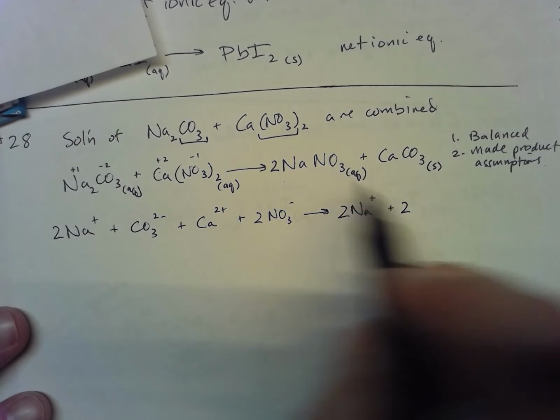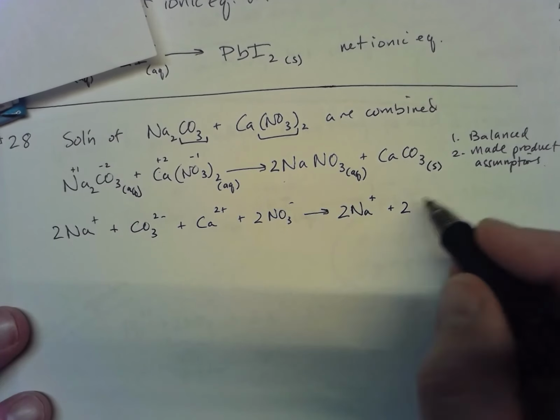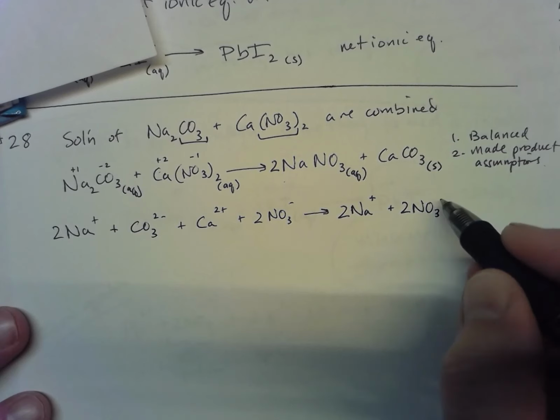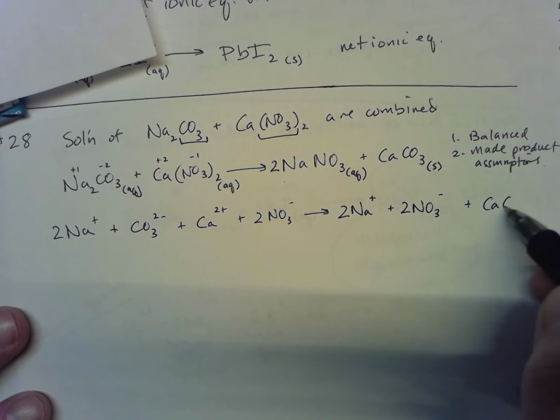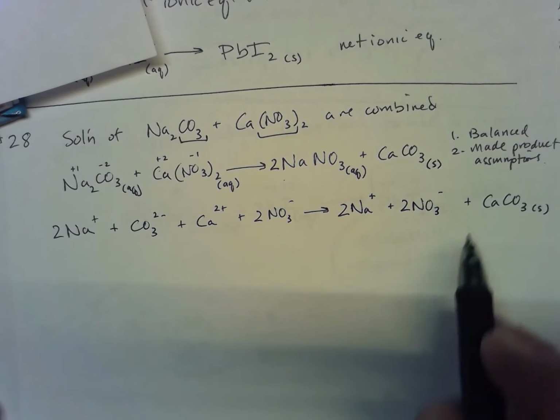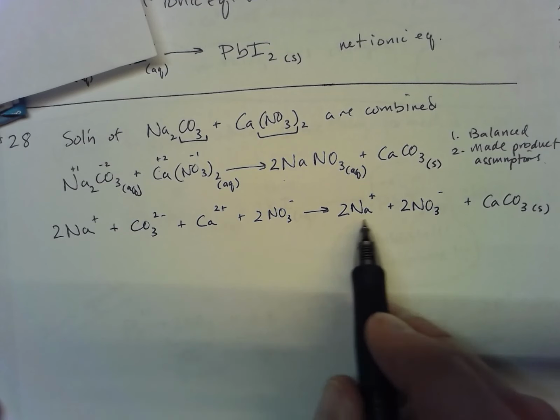And remember that 2 is 2 of these and 2 of those, so we got 2 of these. But this is a solid, so it's not ionic anymore. Okay, and these are all aqueous. AQ, AQ, AQ, AQ, AQ. All right?